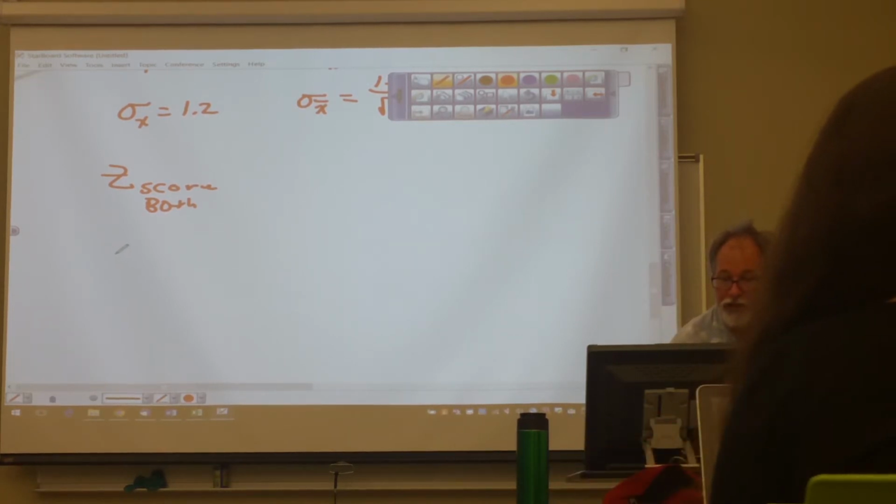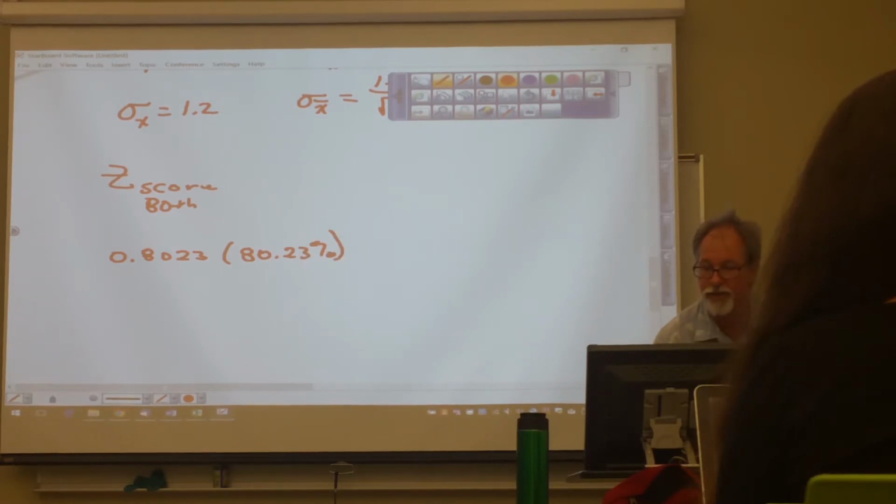So we found that 0.8023, which is the 80.23 percentile, was with the z-score 0.85.